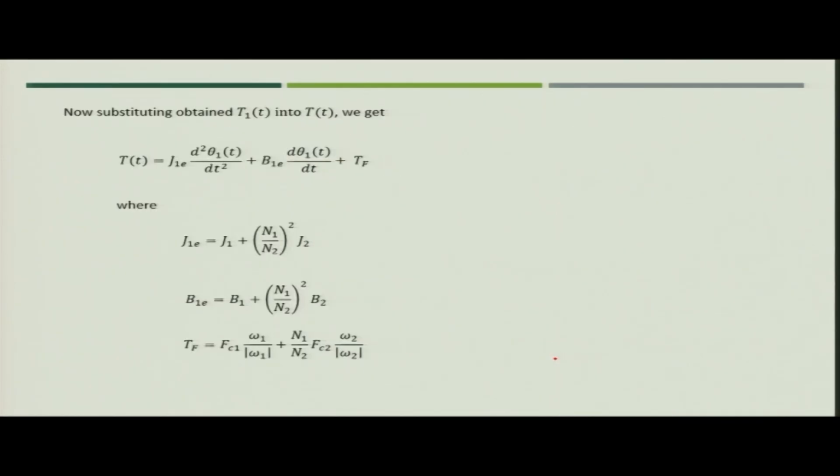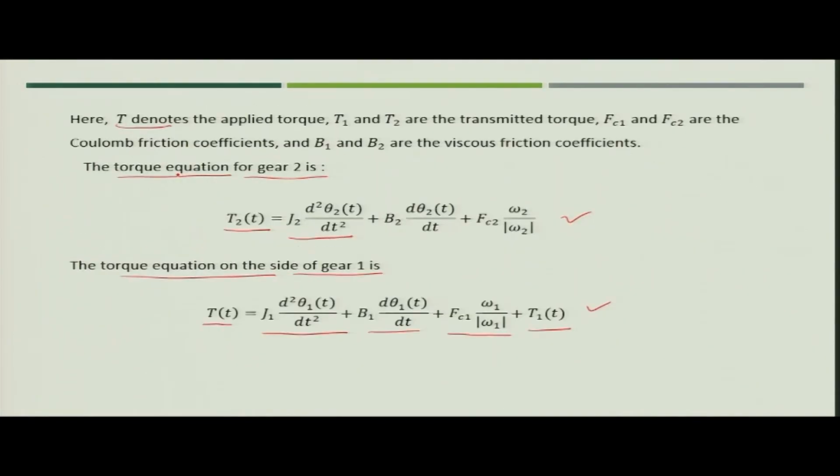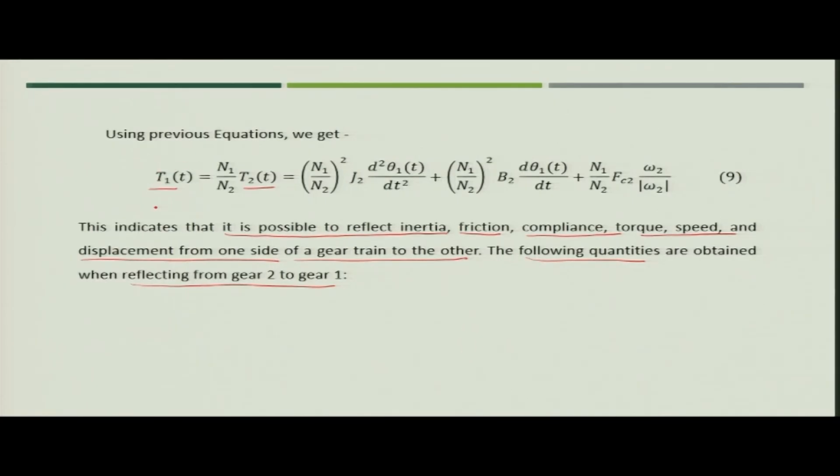So, if you consider the equivalent of all those components, what we can write, total torque T, you can just put the value of T1 which we have got into this equation, because that will be total torque on the gear 1, which is nothing but J1 d2 theta 1 by dt2 plus B1 d theta 1 by dt plus Fc1 omega 1 upon mod omega 1 plus T1. This T1 we replace with the equation which we have just got with the help of transformation.